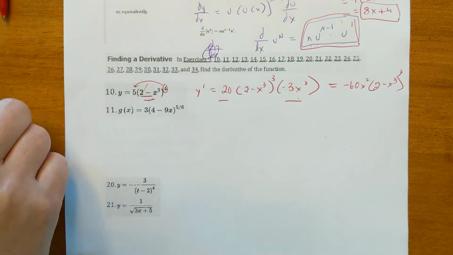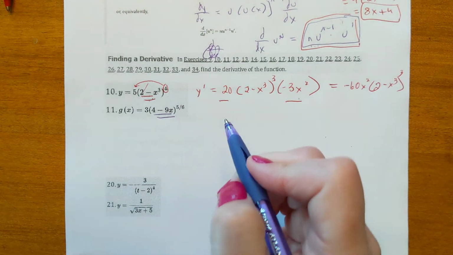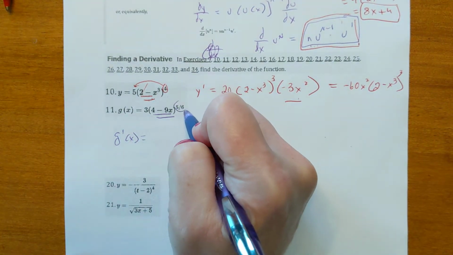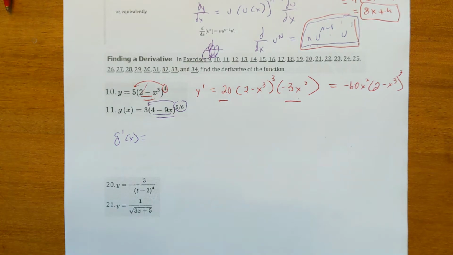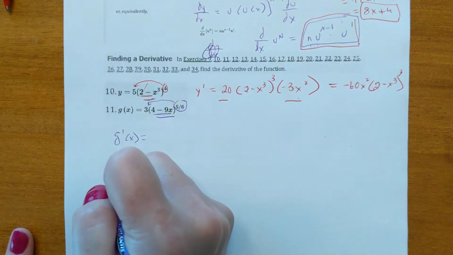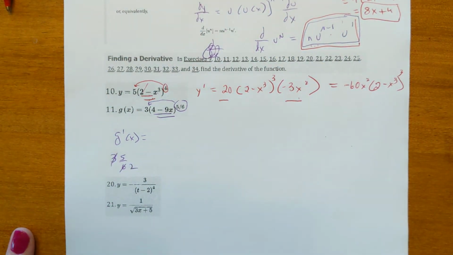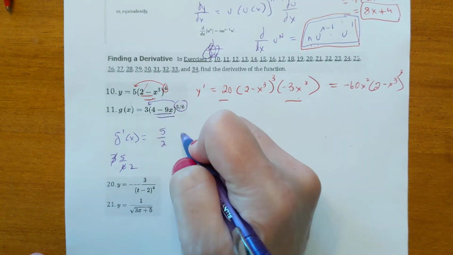All right. So on the next one, we've got this one for the chunk. That's the big chunk. So g prime of x is equal to the exponent times the power out front. So 3 times 5 over 6 makes that 5 over 2 times the chunk.